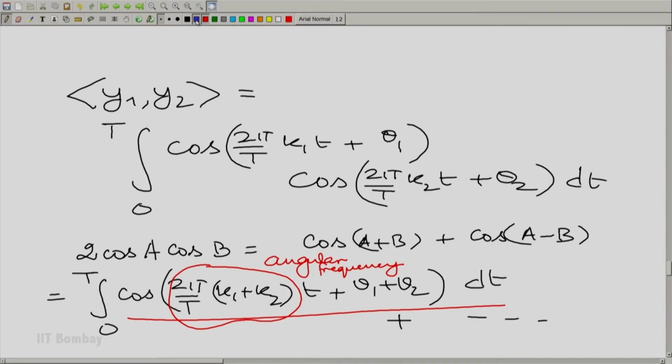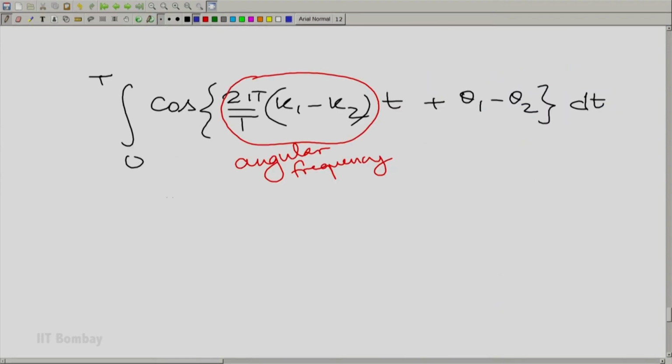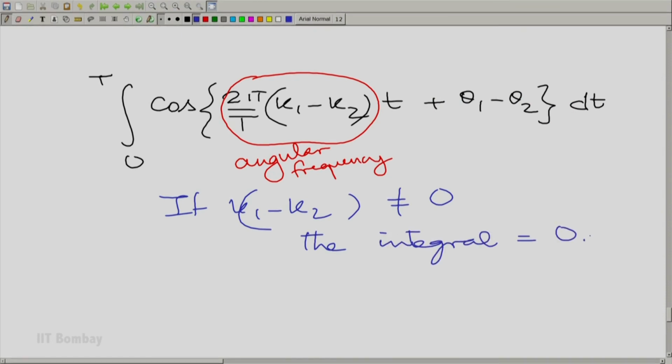So, unless one of these sinusoids with k1 plus k2 cycles or k1 minus k2 cycles degenerates into a constant, the integrals are going to be 0. So, let us write that down formally. If k1 plus k2 is not equal to 0, the integral is 0. And so too, if k1 minus k2 is not equal to 0, the integral is 0.